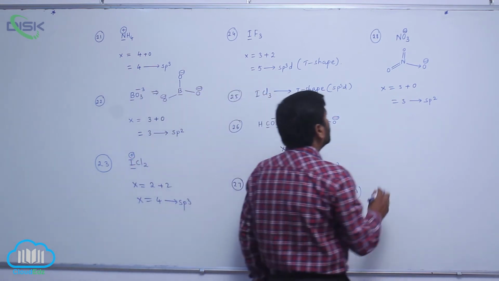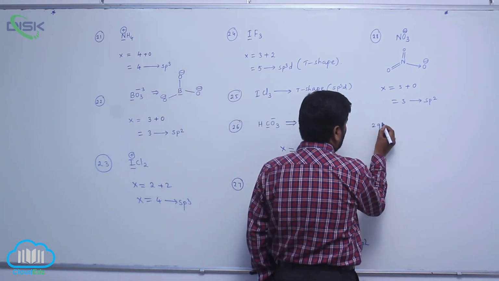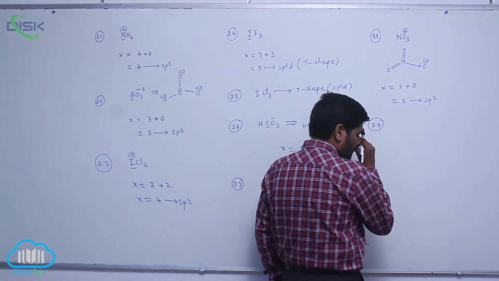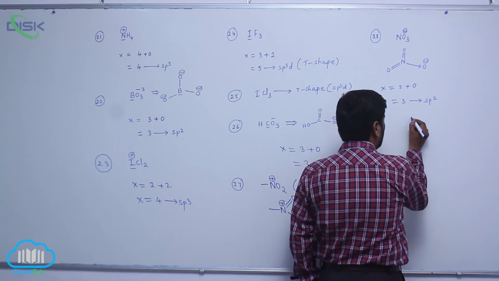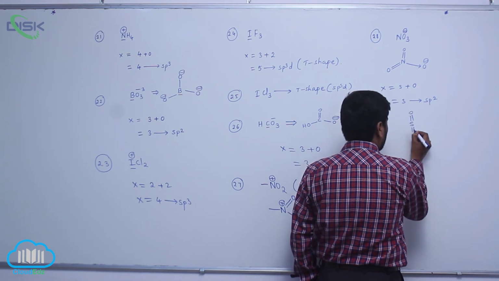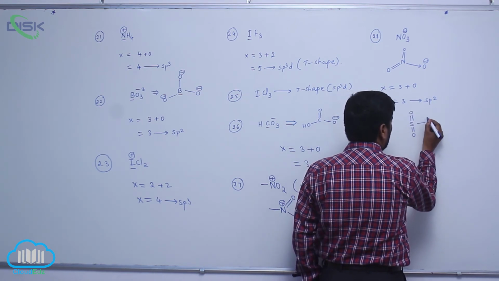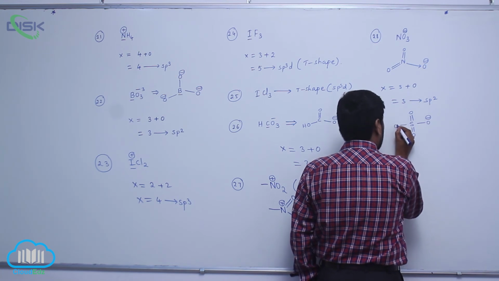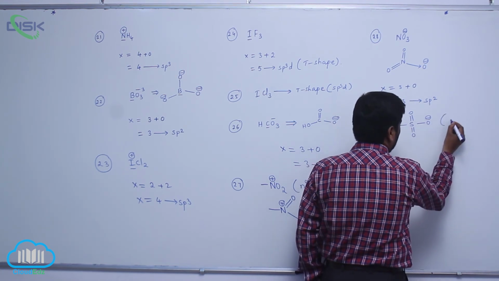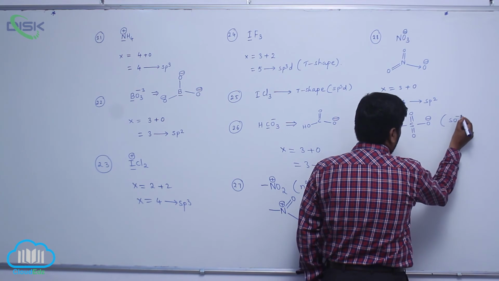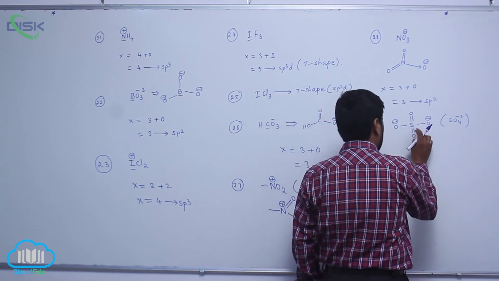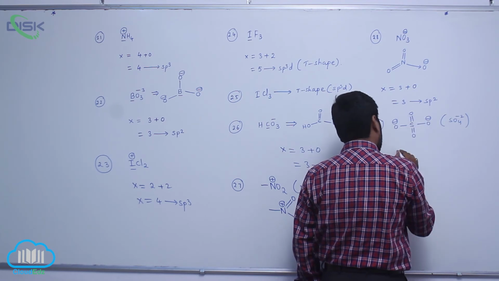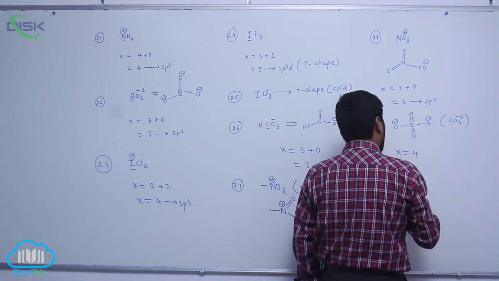Then 29, sulfate ion, SO4 minus 2. So 1 sigma, second sigma, third sigma, fourth sigma, x equals 4.